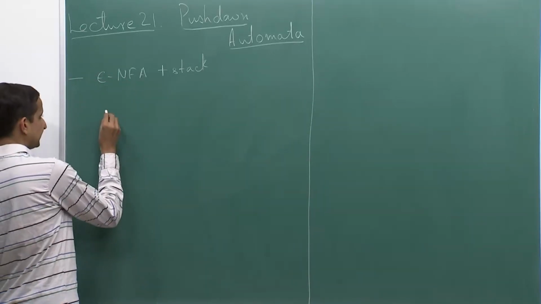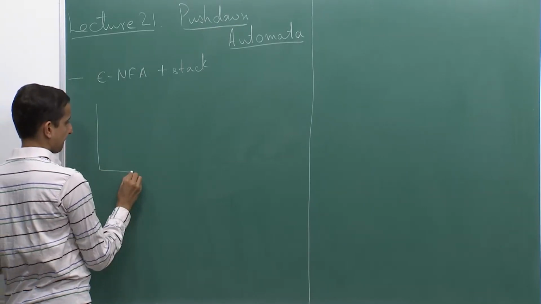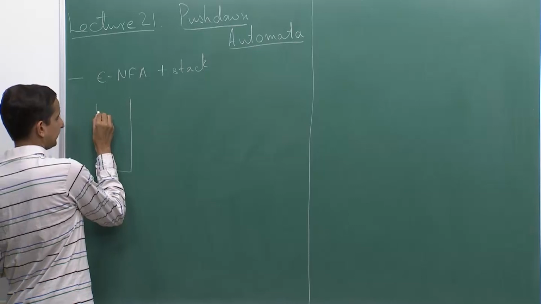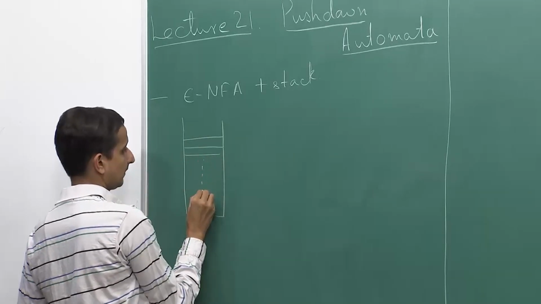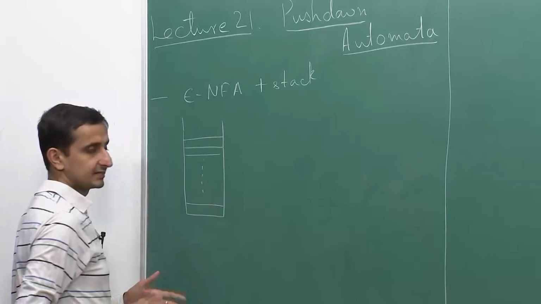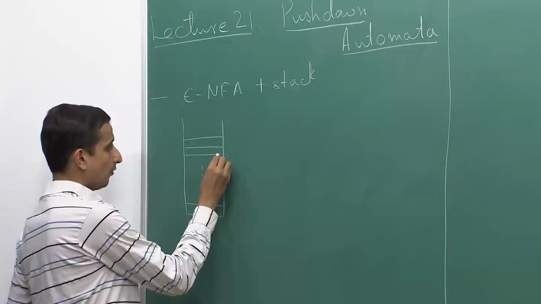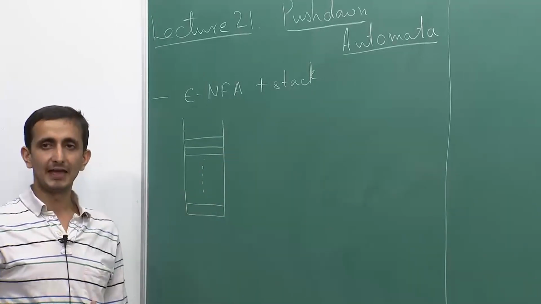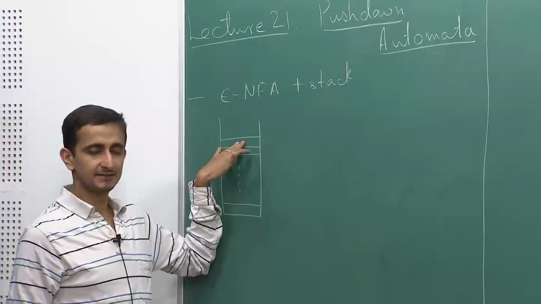A stack is a linear data structure, and you can only access elements of a stack from one end. Usually we think of that end as the top end.